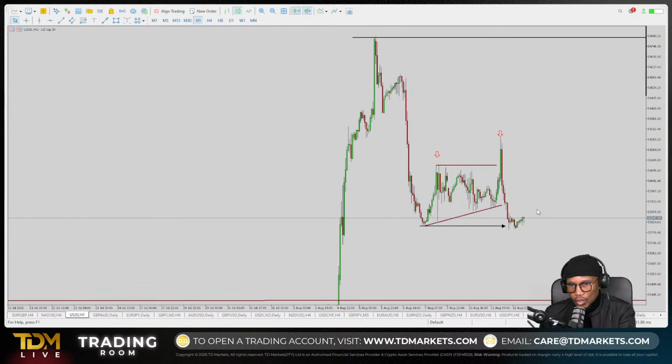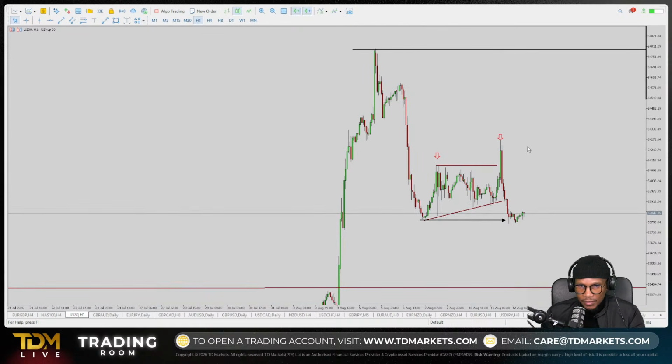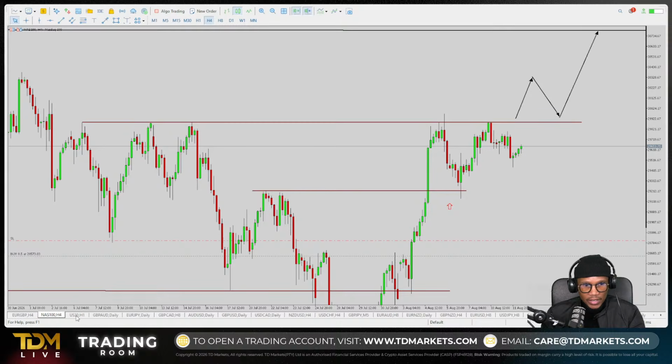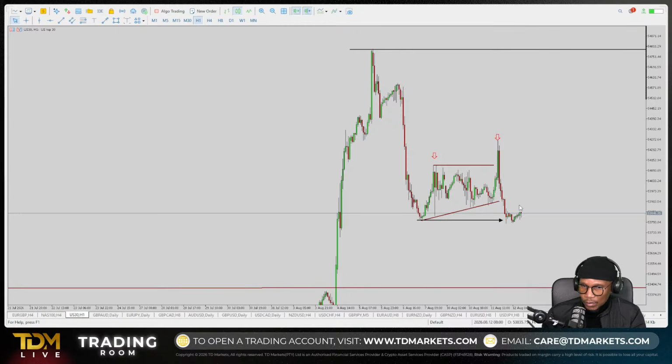For me personally, obviously I'm long-term bullish on Nasdaq and US 30. You guys know I'm long-term bullish. So if I'm looking for my buys, according to this, I want price to break this low first, to create a new low.